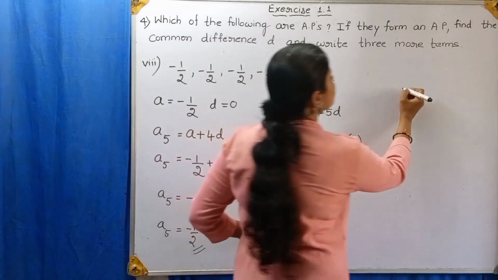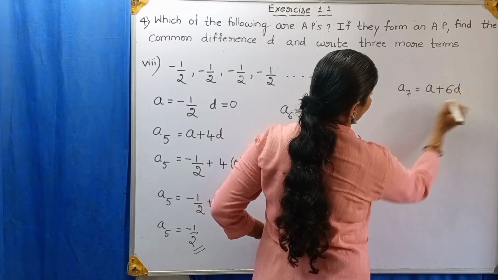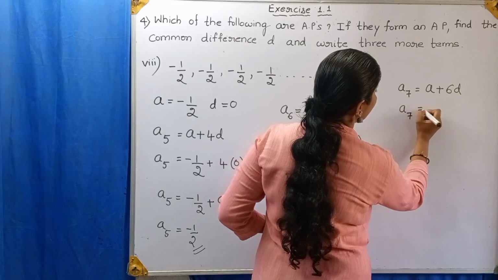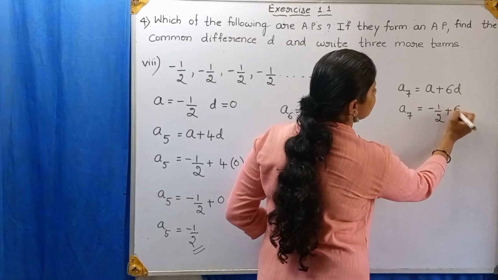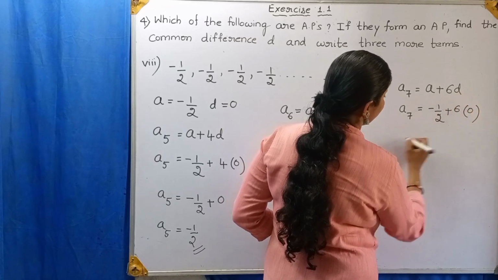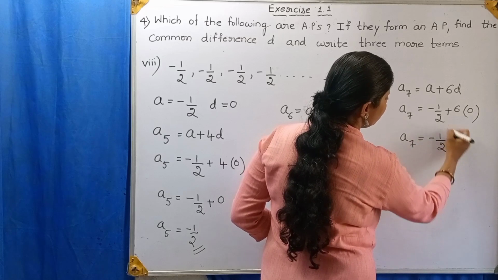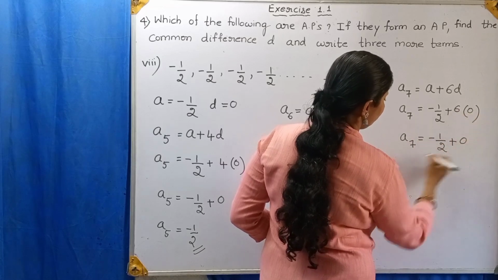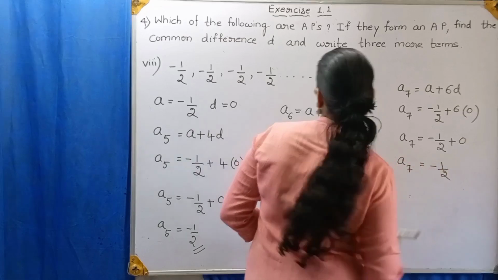Then A7 is equal to A plus 6D. We know that A is minus 1 by 2 plus 6 into D is 0. That is A7 is equal to minus 1 by 2 plus 6 into 0 is 0. That is A7 is equal to minus 1 by 2.